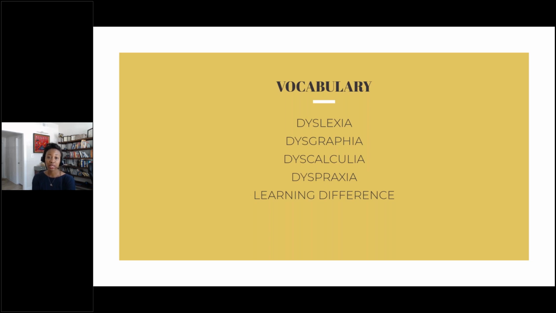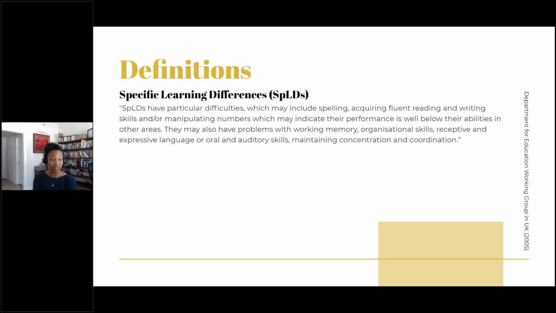And it's interesting because they have stated that they have seen certain aspects of the brain that are different with those who have learning differences than others. And so learning difference is a common term, but what I also want to share with you are some specific definitions from two different areas. The one you can see on the screen comes from the UK in 2005. And I'm not going to read it out loud because you can read. But what I will say it includes reading and writing.